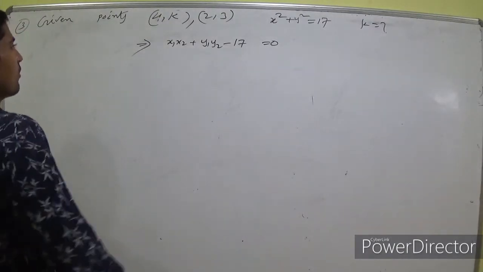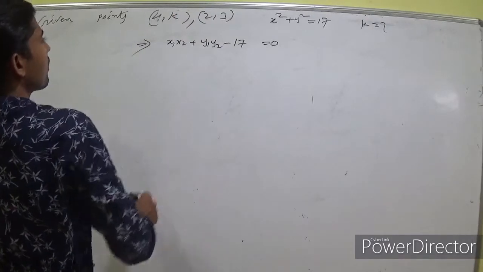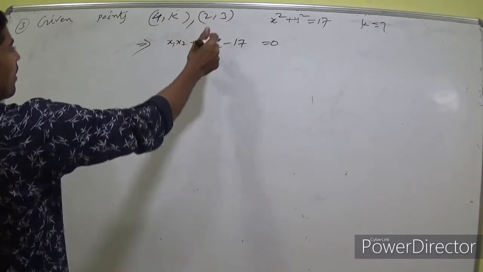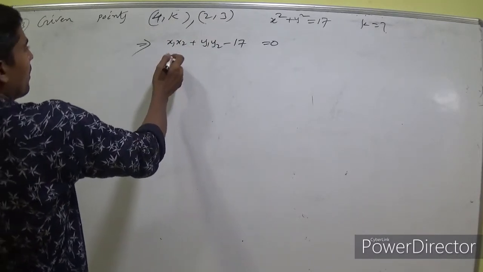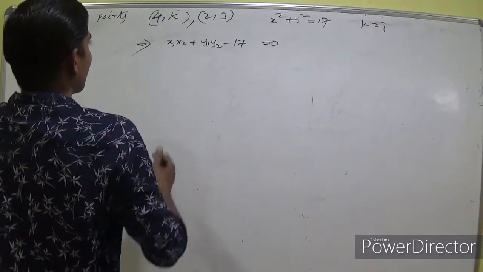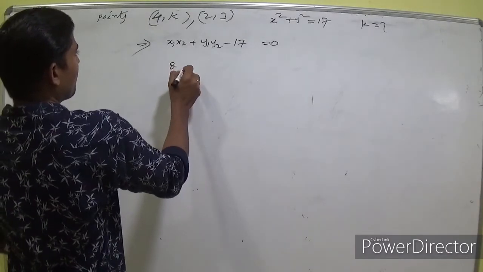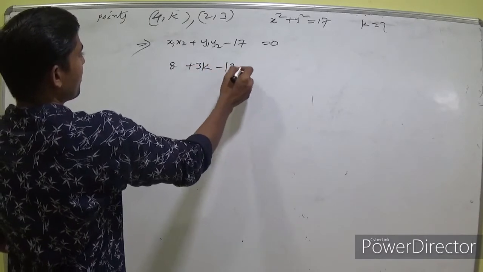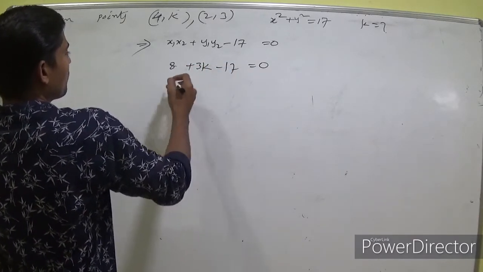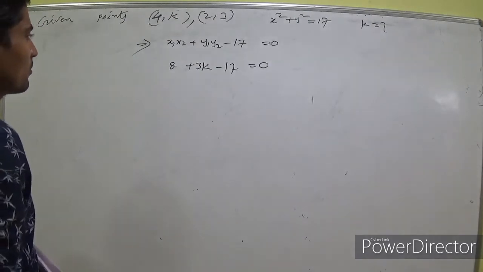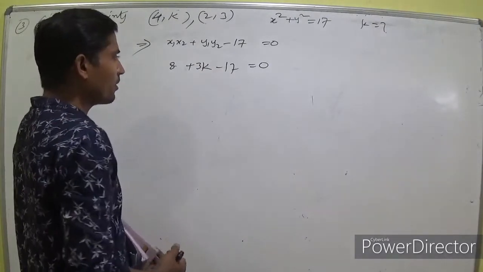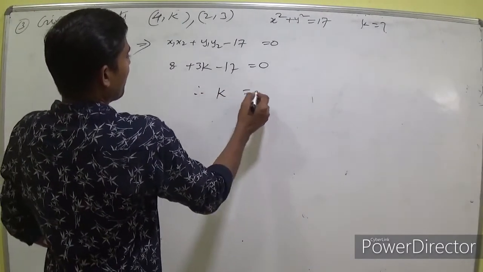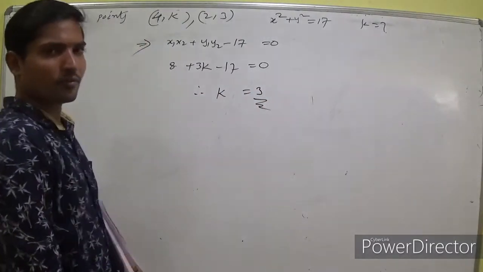Now here, x1 y1, x2 y2. So x1 x2 is 8 and y1 y2 plus 3k minus 17 equal to 0, which gives minus 9 plus 3k equal to 0, so k equal to 3. Therefore k equal to 3. Right?